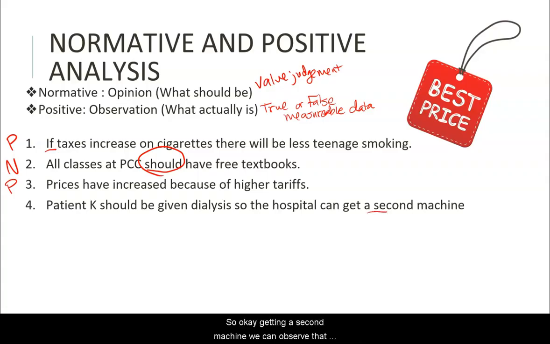So, okay, getting a second machine, we can observe if they got one or not. However, this does say should. We should do something. It's a value judgment, okay? Or it could say, we don't like patient K, so we're not going to pick him for dialysis. Right? That would also be a value judgment. So anything that's saying this is good, this is bad, we should do this, we shouldn't do that, that's going to make it a normative statement.